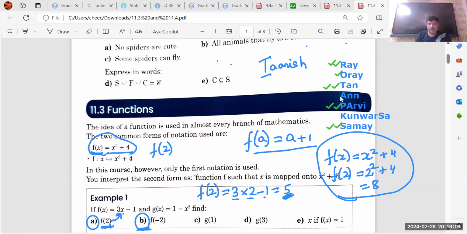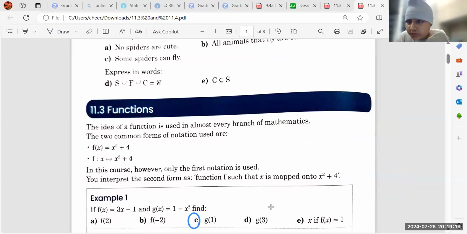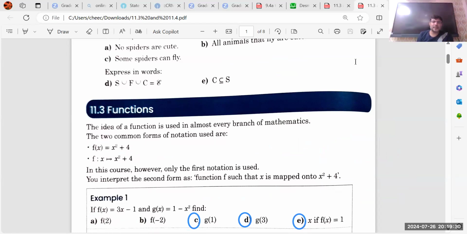Yes. So do the C, D, E parts. And what is my answer for B part?